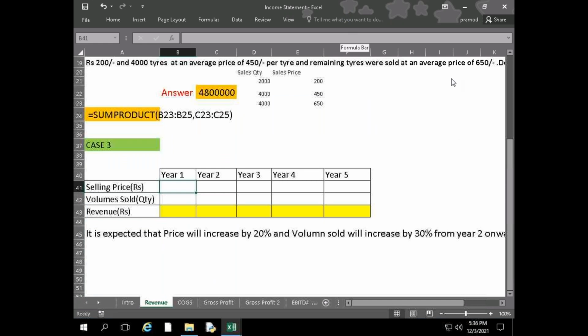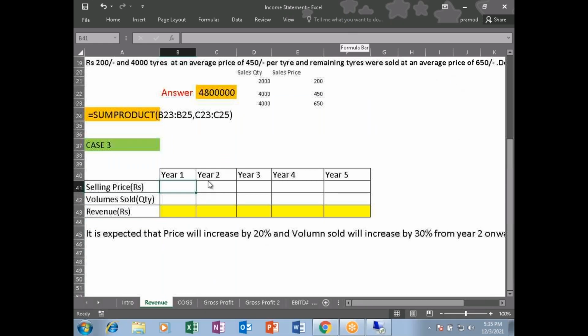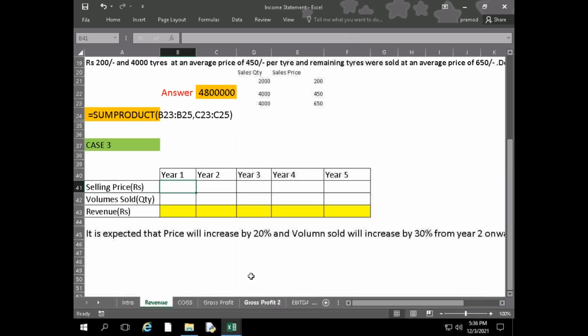Sir, can you do year two and show us one thing? For the selling price, which formula, sir? Equals bracket open B41 into 20%, bracket close, add B41.